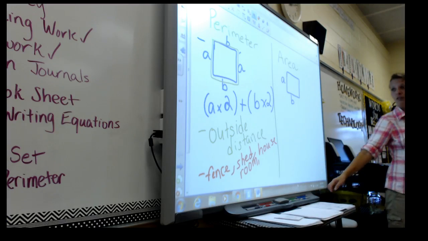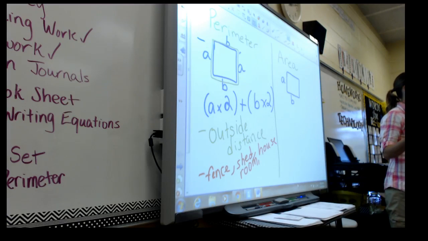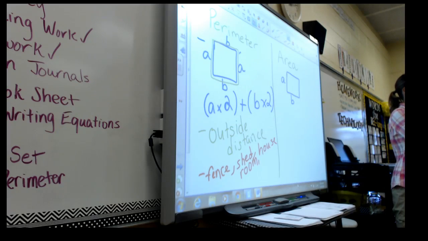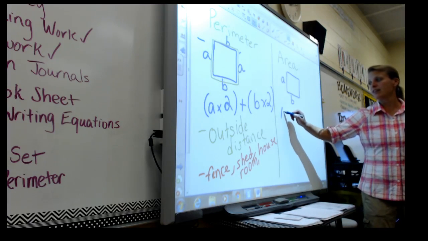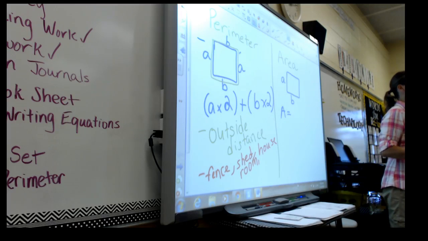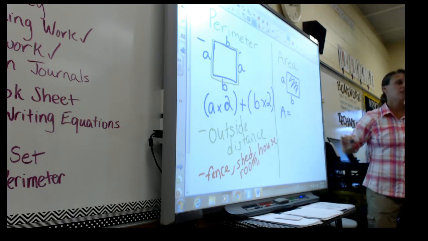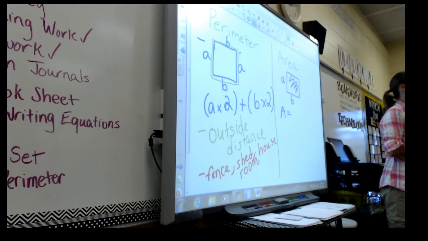Area. Carter, if I have this same box, how do I find the area? So area is going to be equal to what, Carter? It is the stuff on the inside. Okay. No one else should be talking.